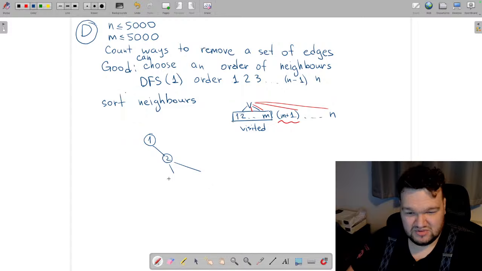If we visit something, then we must go to 3, then something here. Then there will be some bigger vertex here. Then, for example, we stop in 2. I don't know, let's say that this vertex is 9. Then from 1, the next vertex will be 10. And so on.